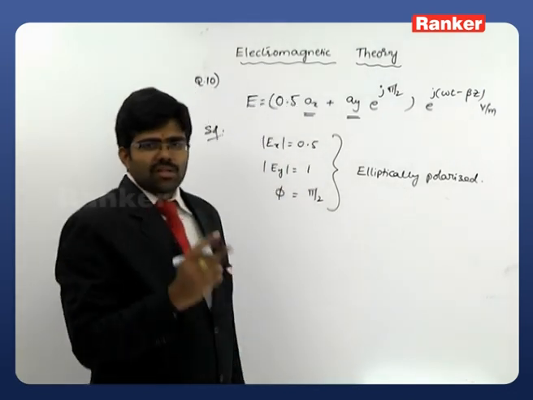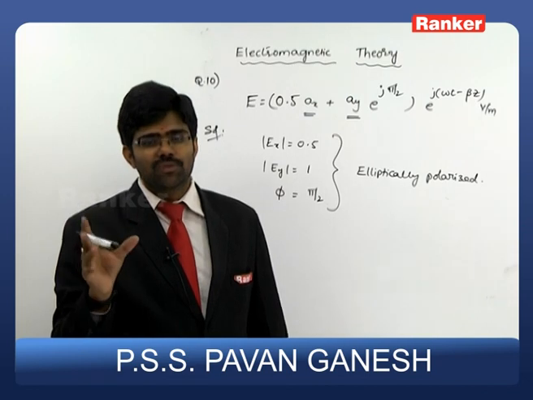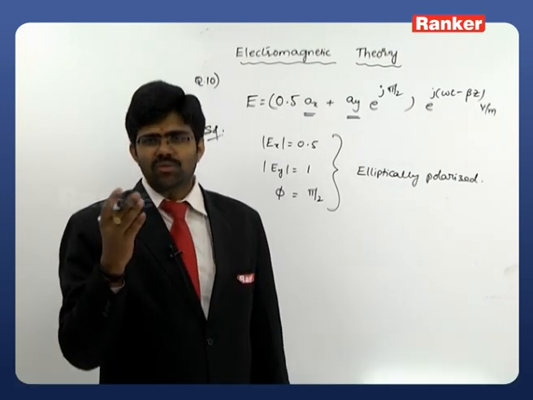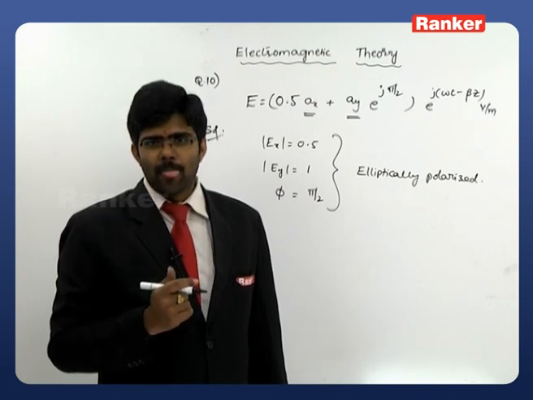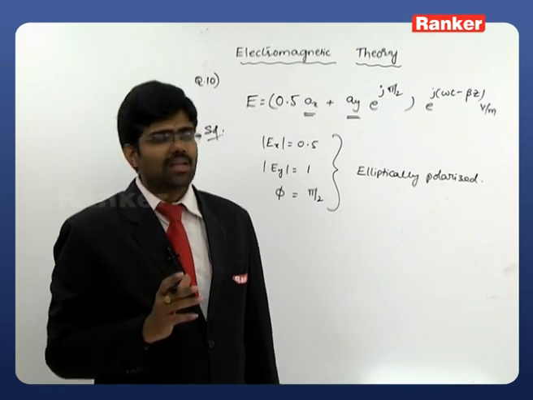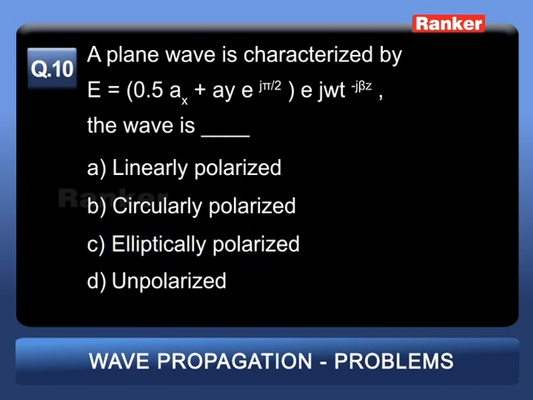Different amplitude, phase shift pi by 2, elliptical polarization. If in the same problem the amplitudes were the same, then it would be a circularly polarized signal. But here the amplitudes are not the same. Therefore the answer is an elliptically polarized signal. In our options, option C is the correct option for this particular problem.